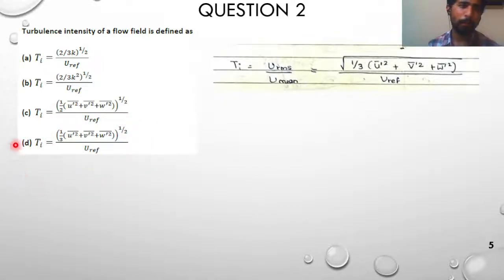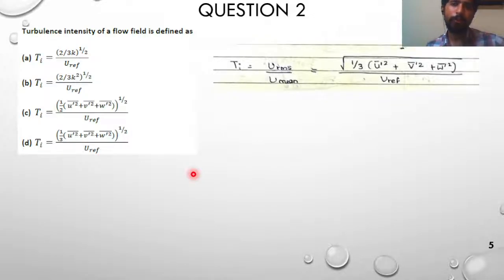But you have some other options also wherein the turbulent kinetic energy K is present. So let us try to convert this equation in terms of turbulent kinetic energy. Turbulent kinetic energy is given as K equal to half of rho into U dash square, if you have one component.